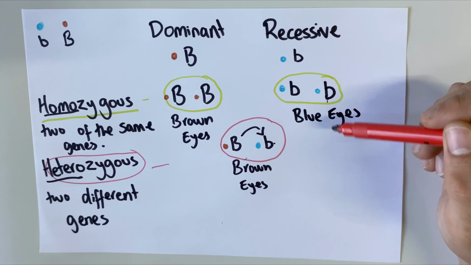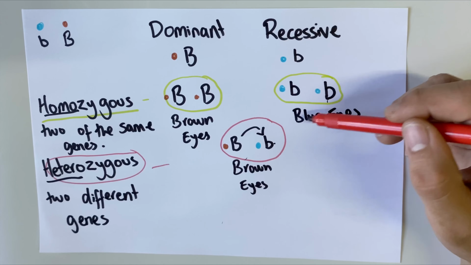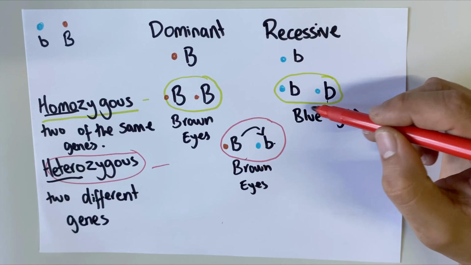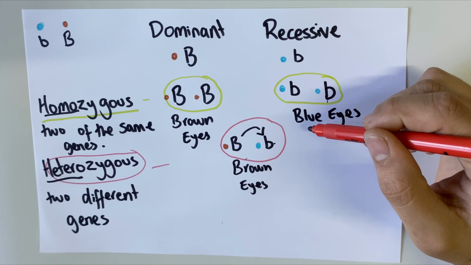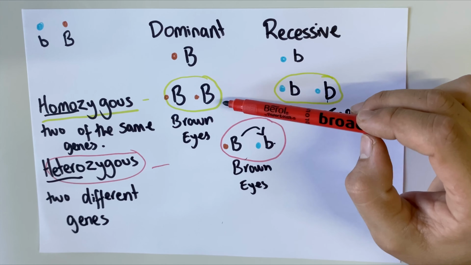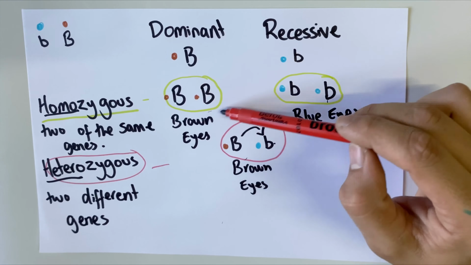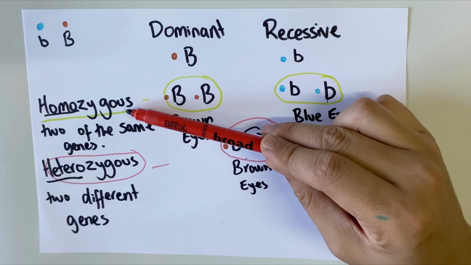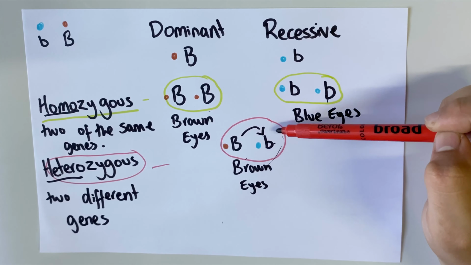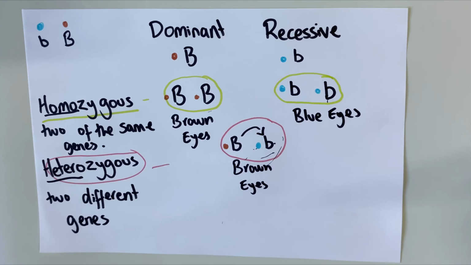Whereas recessive is almost a subservient or less dominant, weaker gene, which requires 2 copies in order to manifest as a visual characteristic. And we said that the term given to an organism with 2 of the same alleles is homozygous, and an organism with 2 different copies of the same gene or 2 different alleles is called heterozygous.